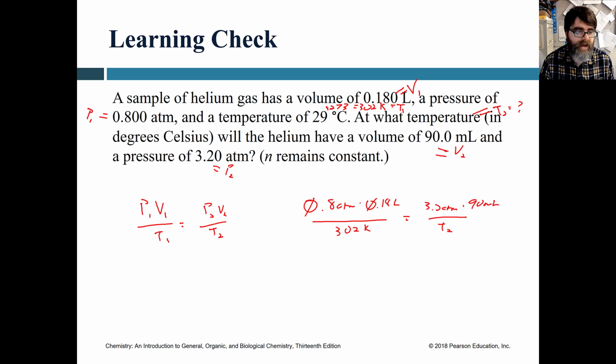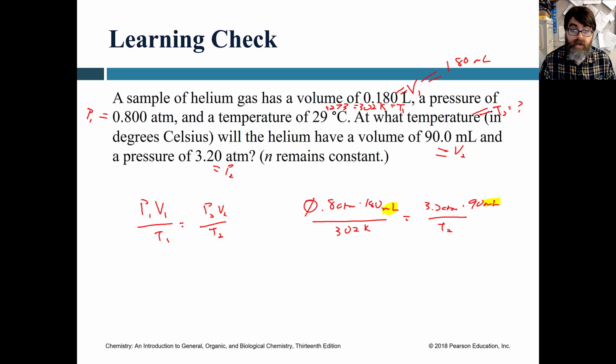Certainly as a student, I probably wouldn't have caught it until I went to do my unit cancellation at the end, but this is why I recommend you keep your units with you and not just plug in the numbers, because notice we've got liters here and milliliters here, and those two don't agree. We have to have them in matching units. It doesn't matter which. Personally, I like to make numbers bigger rather than smaller, so I'm going to turn my 0.18 liters into milliliters. And so that's multiplied by 1,000, or shift the decimal 3 to the right, and we have 180 milliliters.